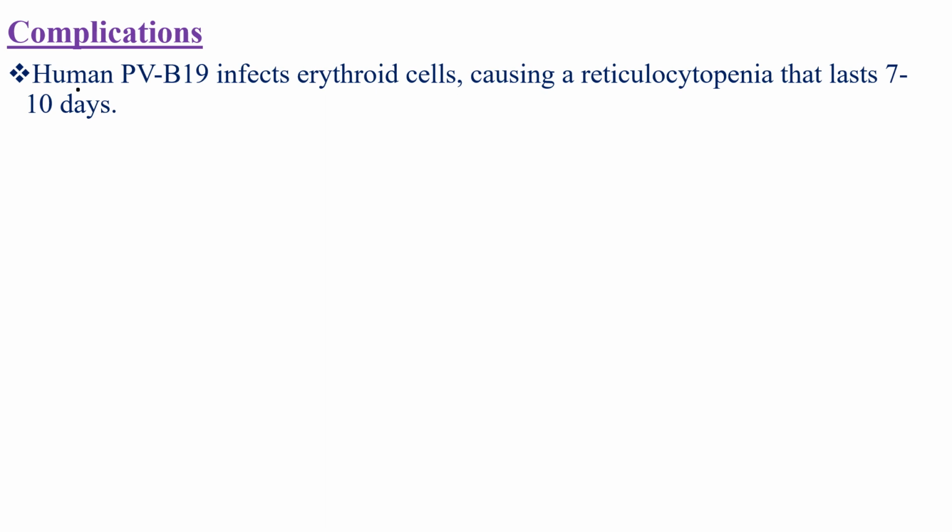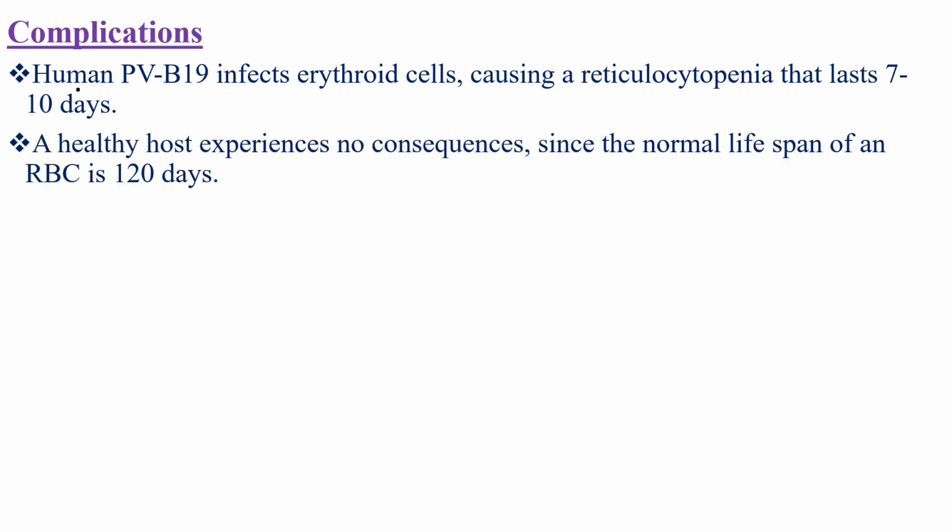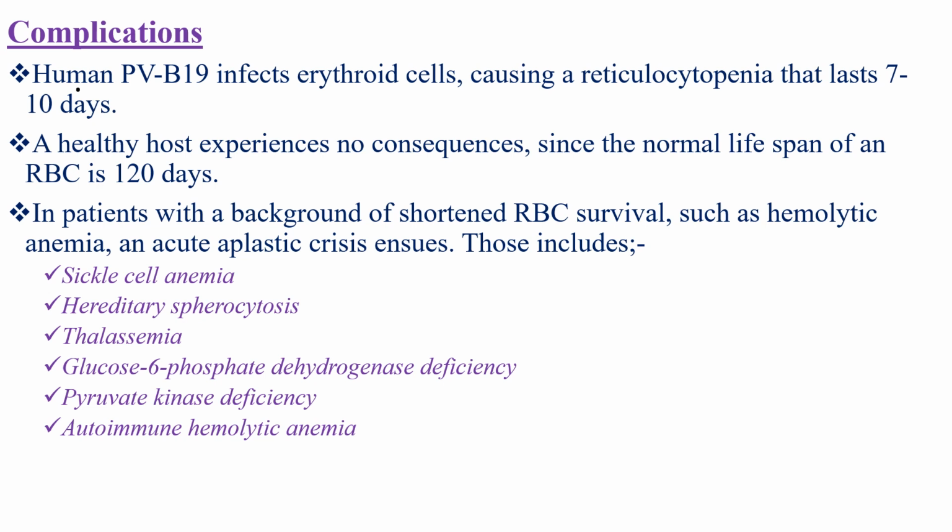When we see complications of erythema infectiosum, human parvovirus B19 infects erythroid cells, causing a reticulocytopenia that lasts 7 to 10 days. A healthy host experiences no consequence since the normal lifespan of RBC is 120 days. In patients with a background of shortened RBC survival, such as hemolytic anemia, an acute aplastic crisis occurs.